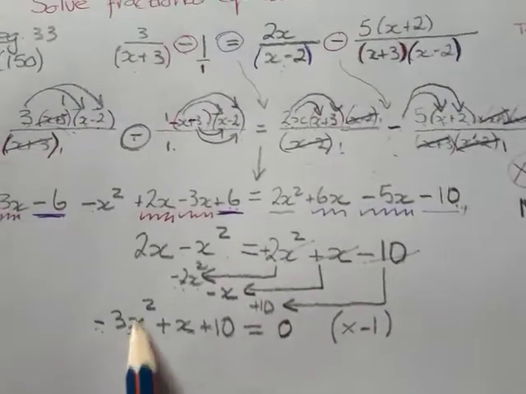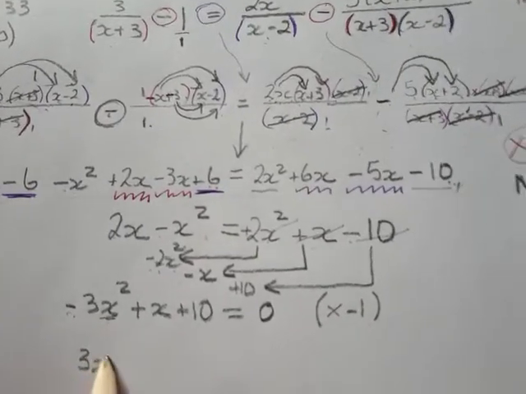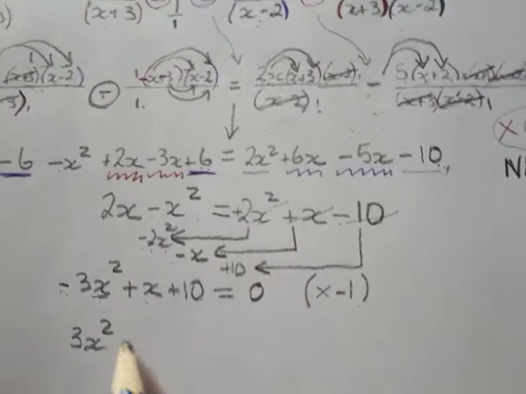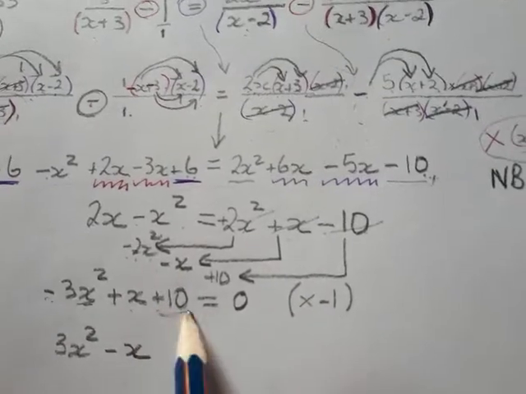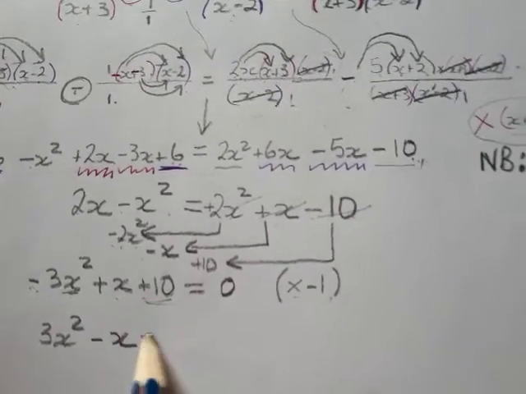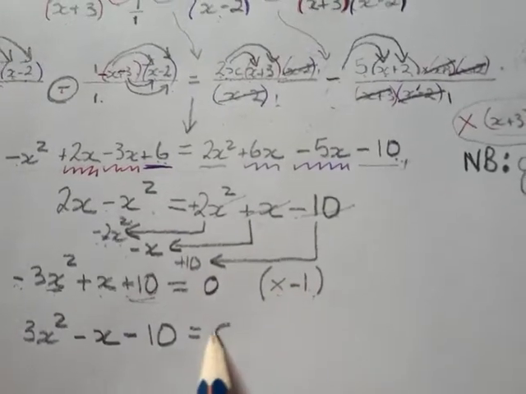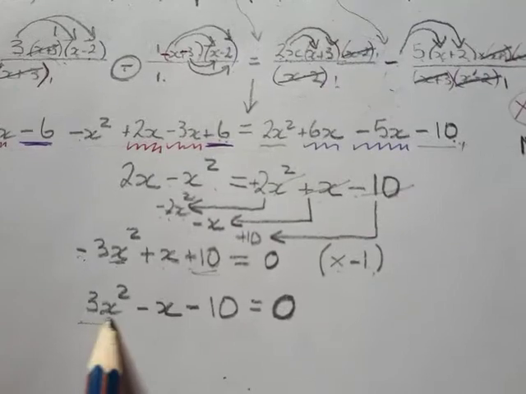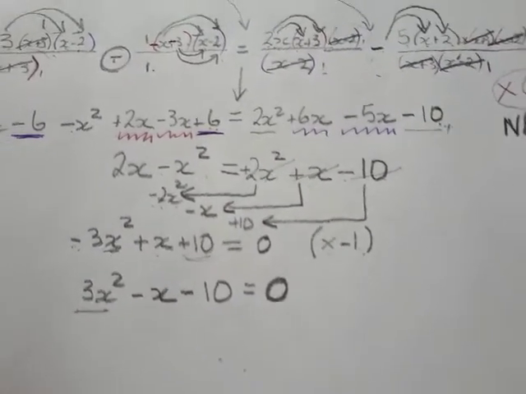So negative 3x squared times negative 1 is 3x squared. Then x times negative 1 gives me minus x. And then 10 times negative 1 gives me minus 10, and 0 times negative 1 gives me 0. Now I've got my x squared term in positive, and that's what I like.